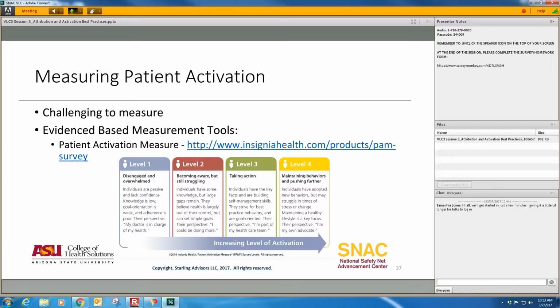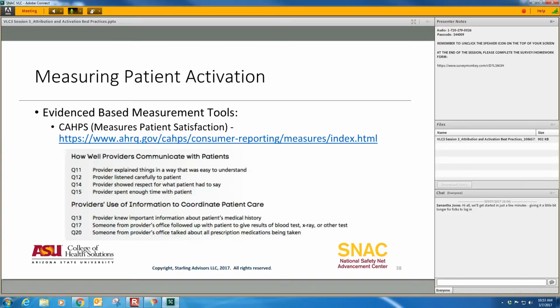There's a cost. Measuring patient satisfaction, we've worked with a lot of providers who are using CAHPS to measure patient satisfaction, or using other tools.